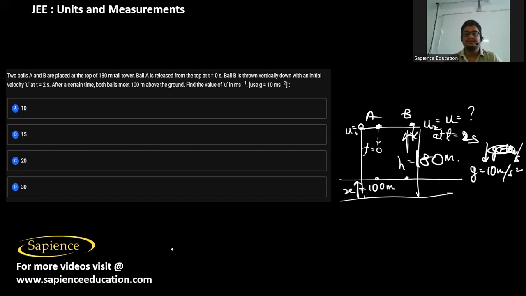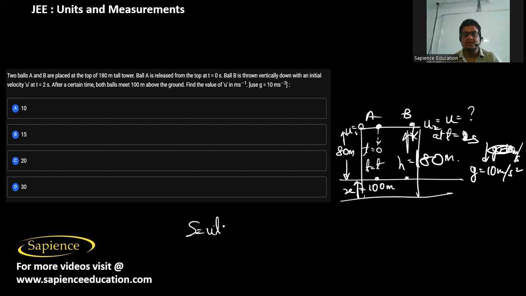So it means that ball A is covering a distance of 80 meter when they meet, at a certain time, let's say t equal to t. So at what time the first ball A will cover this length 80 meter, that we have to find.